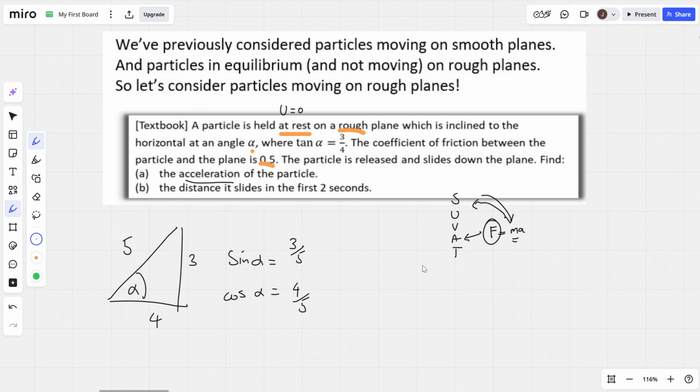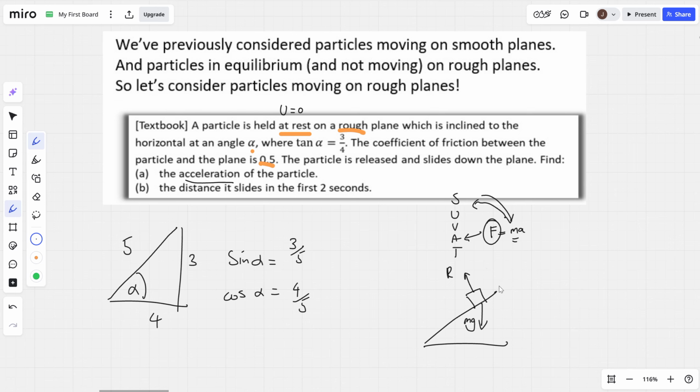Okay, so it's on a plane. Yes, I've got a block on a slope, haven't I? That's basically what's going on. And I don't know the mass, so I'm just going to guess at the moment that it's useful to write mg. I have R. It's held at rest, so it sounds to me like it's just this situation here, and then it's going to go down the slope.